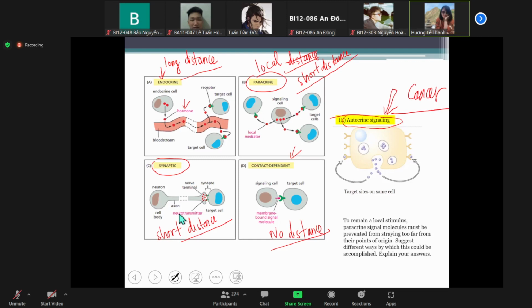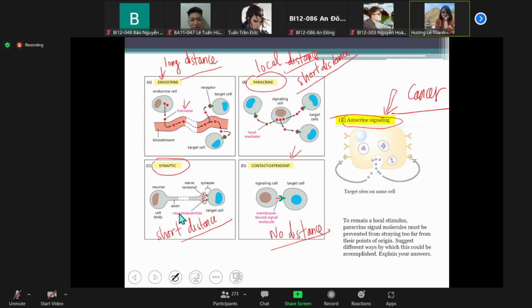So how can they prevent these ligands from traveling too far away? I think they are hydrophobic, so they cannot go into the bloodstream.